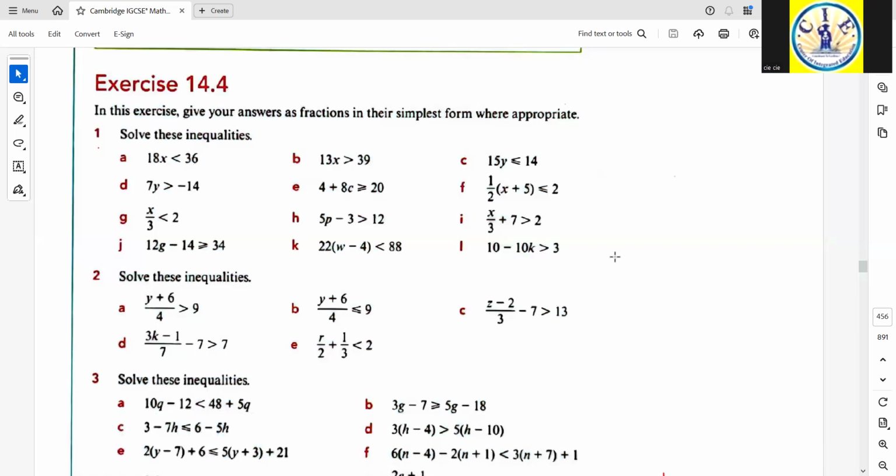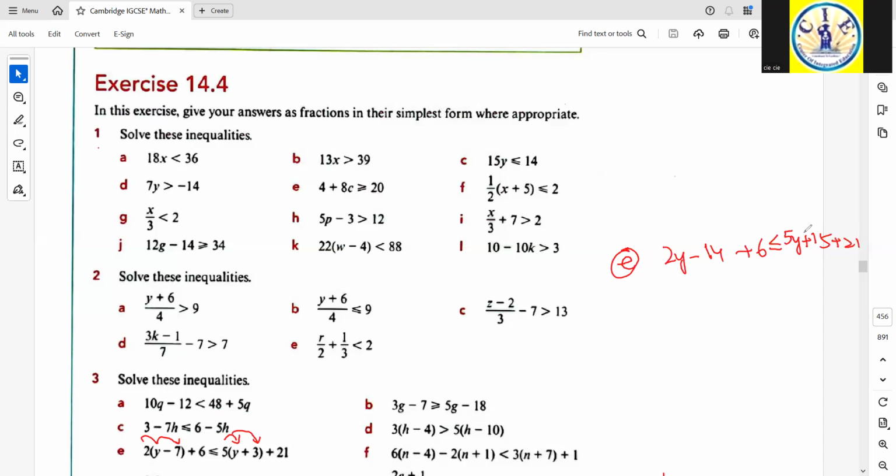Now let me do its part E, for example. 2y negative 14, then plus 6 less than or equal to 5y plus 5 3s are 15 plus 21.